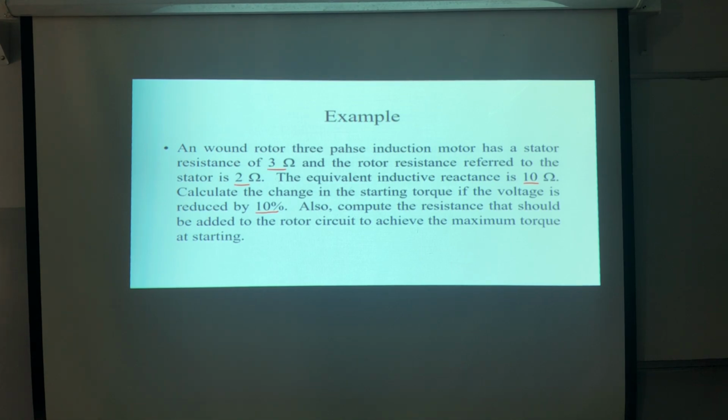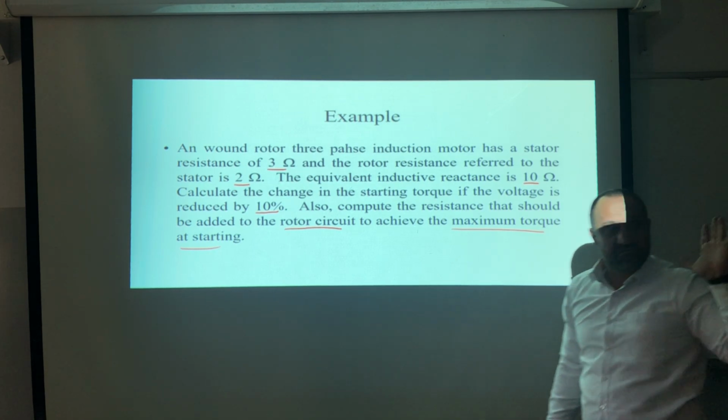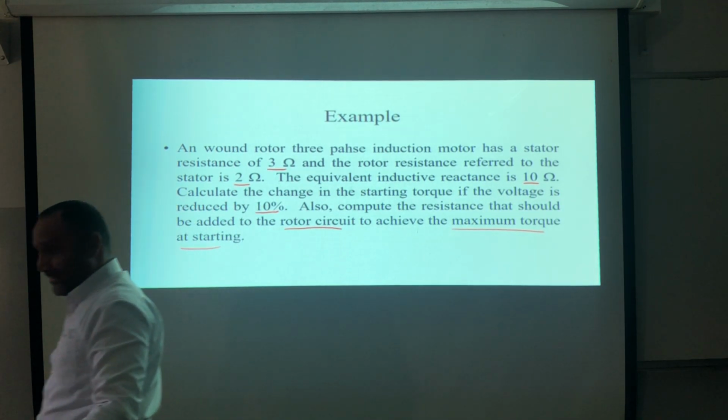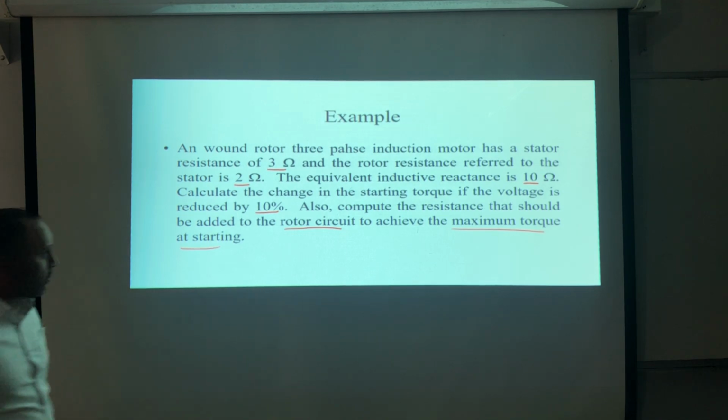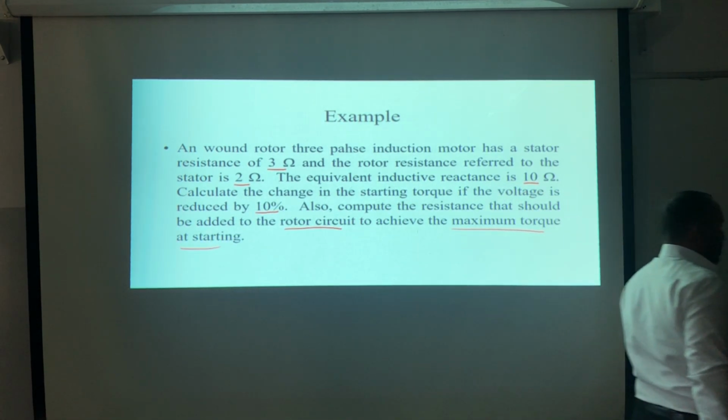If I'm reducing the voltage to 0.9 V rated. Then I need to calculate how much rotor resistance I need to add to the rotor in order to achieve maximum starting torque, which means that S max should be equal to 1. So the straightforward way is to put S max equal to 1. In this case, I'm maximizing the starting torque.